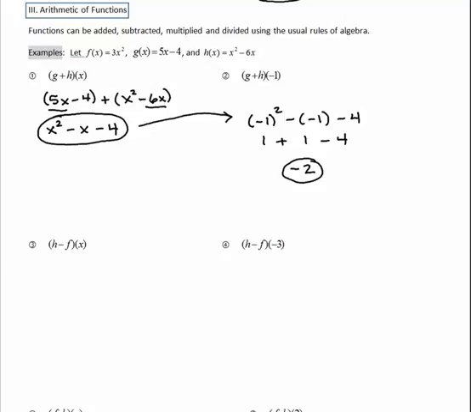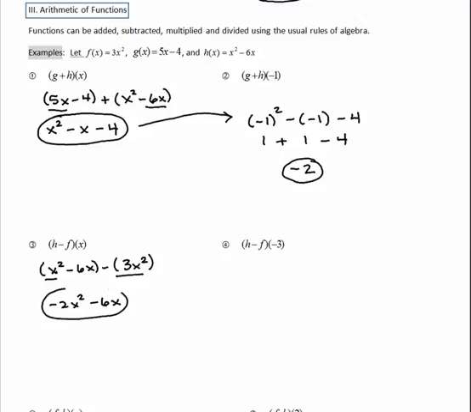Let's try this with the other operations. H minus f of x. I take my h function, x squared minus 6x, and subtract the f function, which is 3x squared. Combining some like terms here would give me negative 2x squared minus 6x.